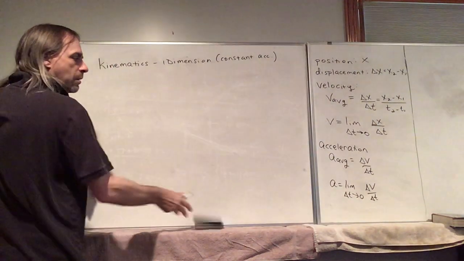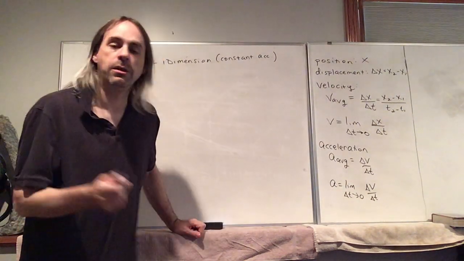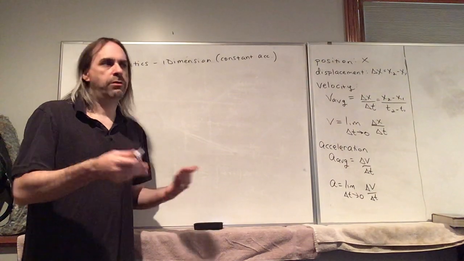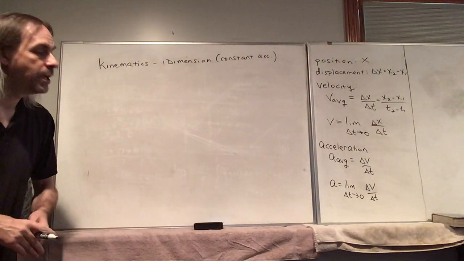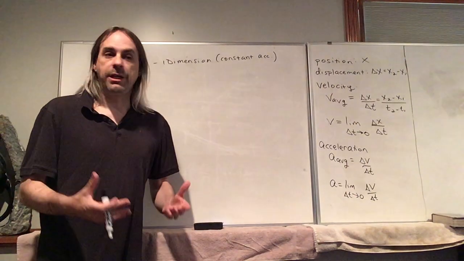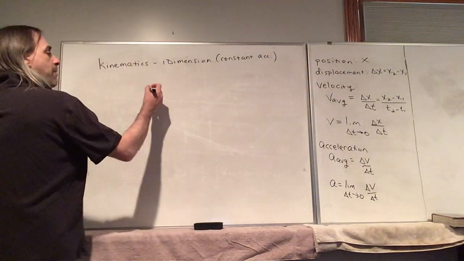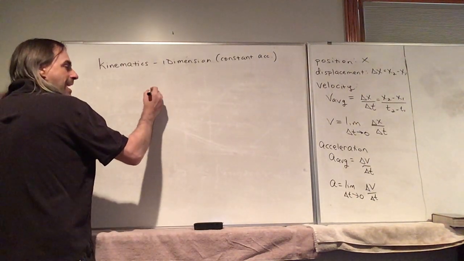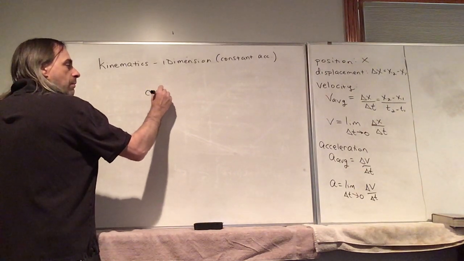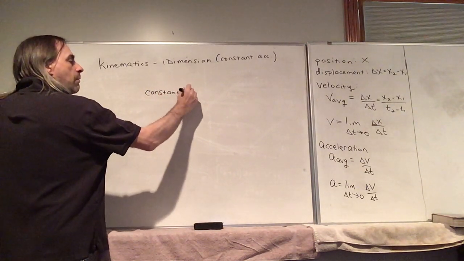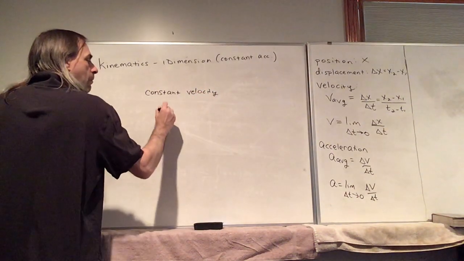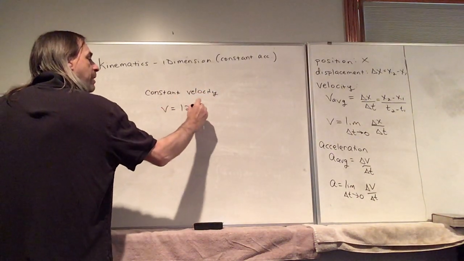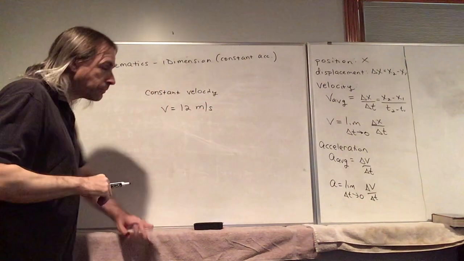But first, I have to ask a question, which, obviously I'm not expecting an answer because this is pre-recorded. But in an actual classroom, I always ask this question. Let's say you have velocity. Let's say it's a constant velocity, say 12 meters per second.